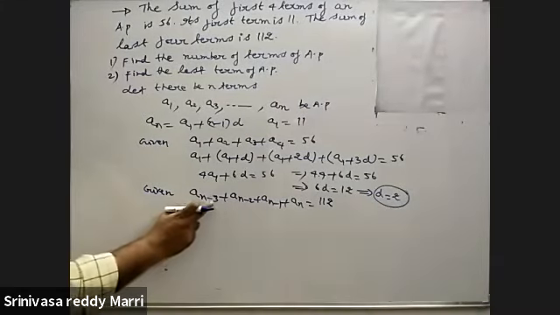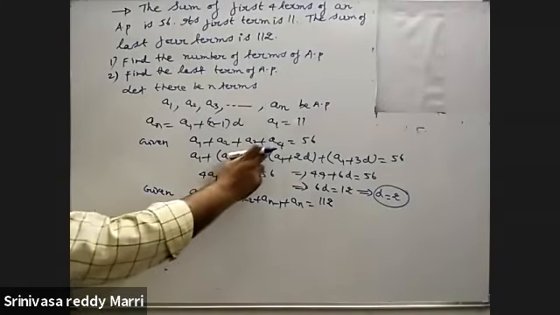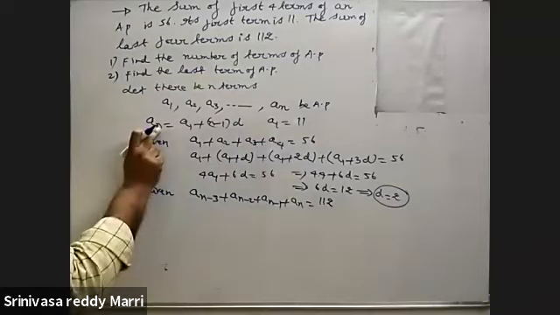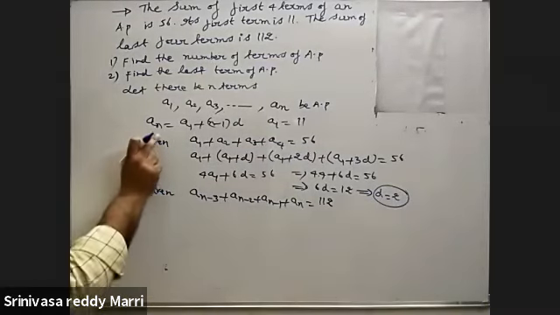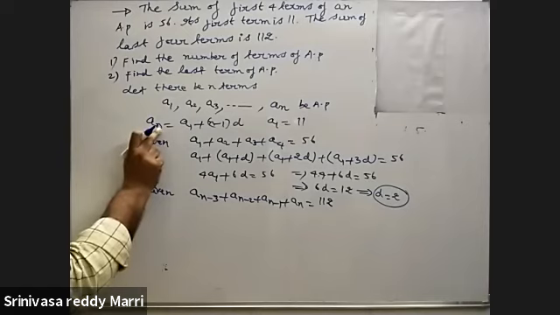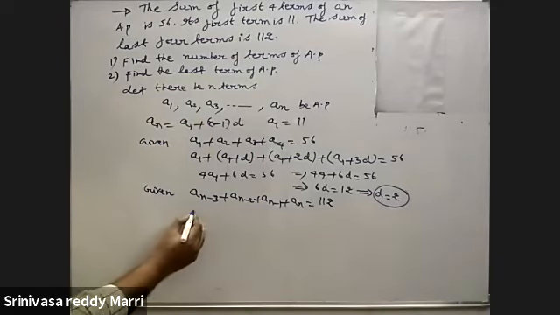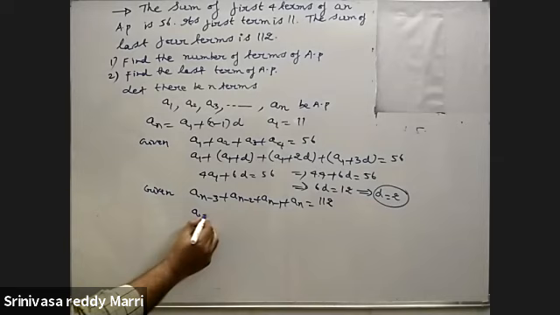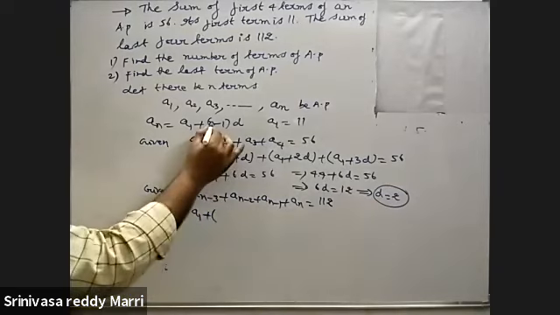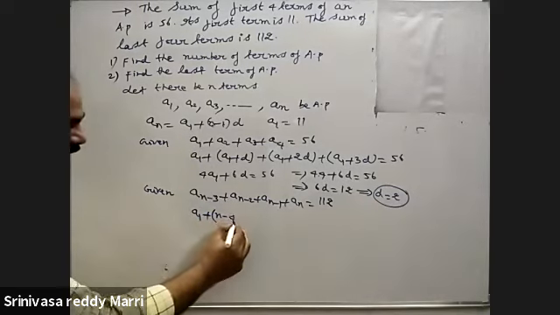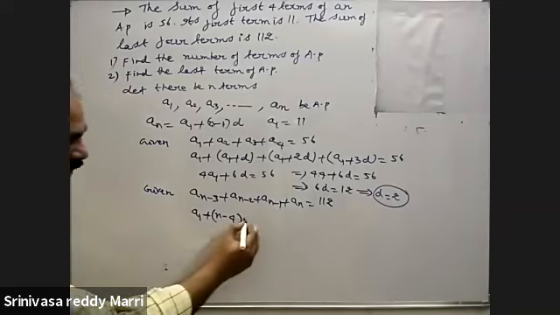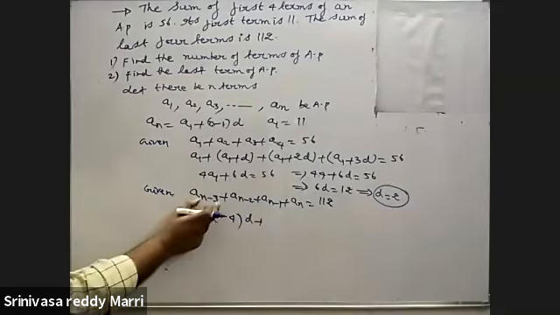Now look at an minus 3. For A4 you substituted n equal to 4. For an minus 3, substitute n minus 3 in place of n, that means A1 plus (n minus 3 minus 1), which is n minus 4, into d. Whatever n is there, you substitute.